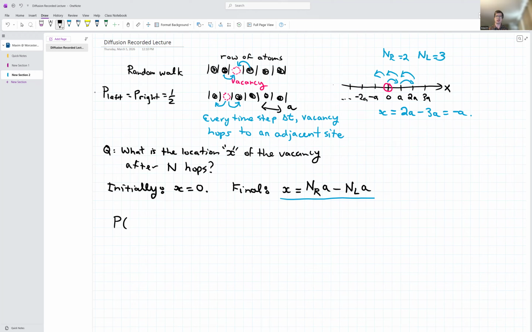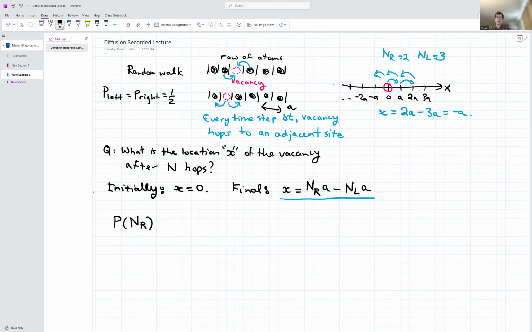So the first thing we're going to do is calculate the probability of seeing a certain number of hops to the right. And this is the same as the probability of observing n sub r heads out of a total of n coin flips.